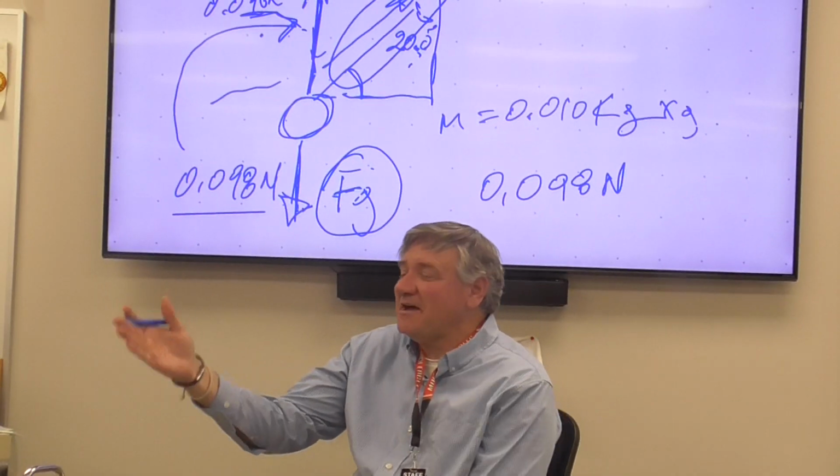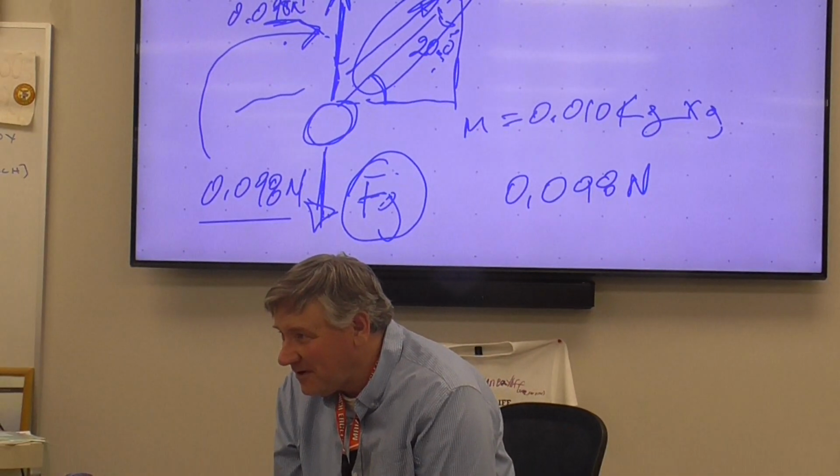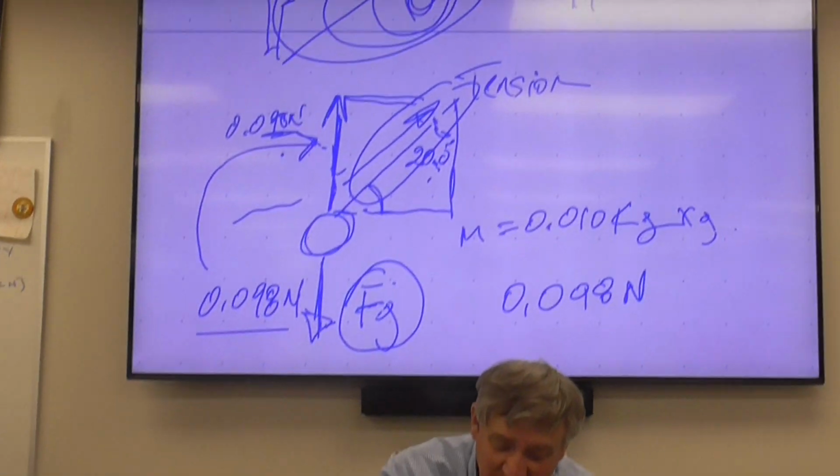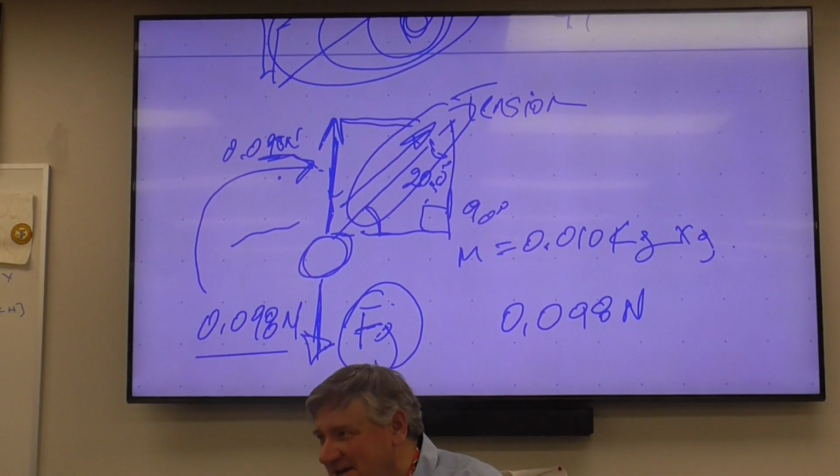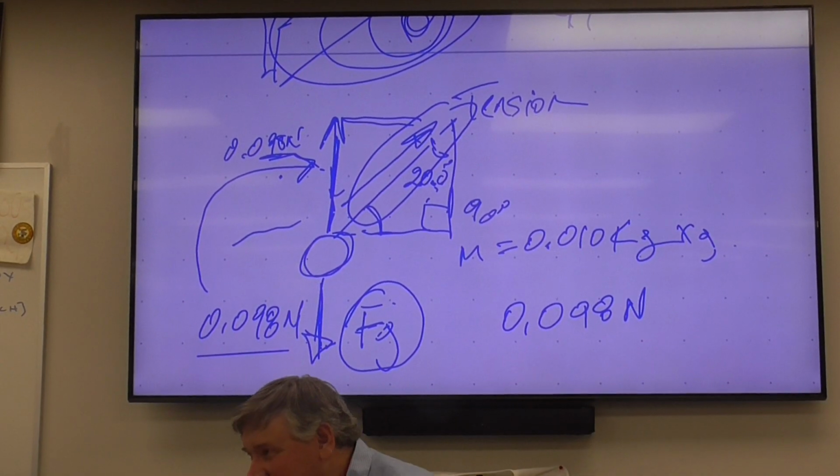What do the sum of the angles have to equal? 180. So if that's 20 and this is 90, the other one has to be 70.